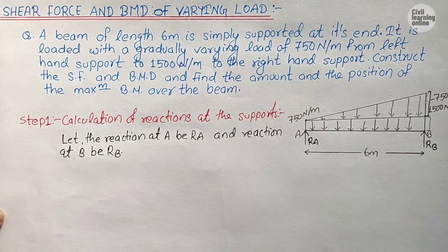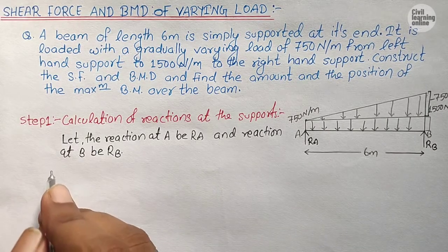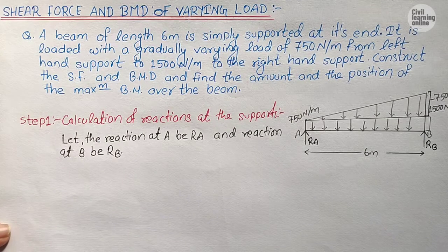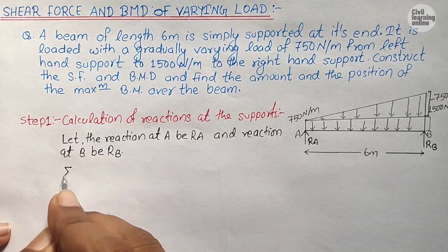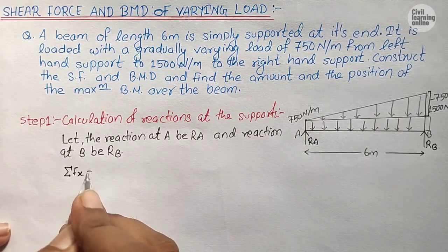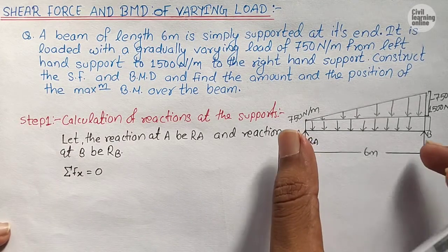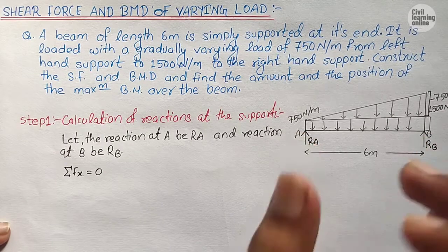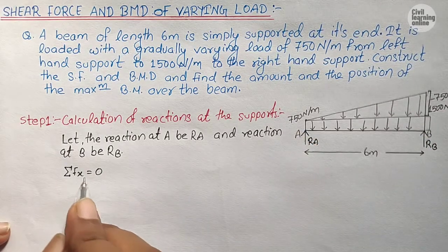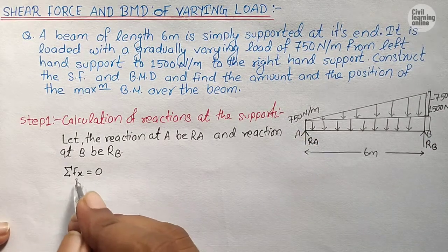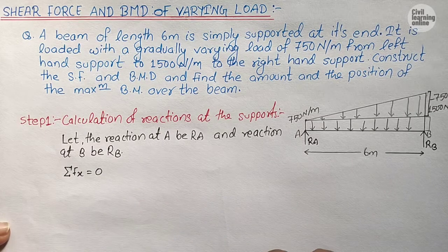Now guys, let us apply some conditions, that is summation Fx equals 0, means the sum of the forces in the horizontal direction. As you can see in the given beam there are no horizontal forces, so obviously the sum of forces in the horizontal direction will be 0.